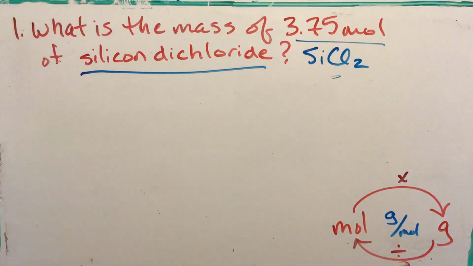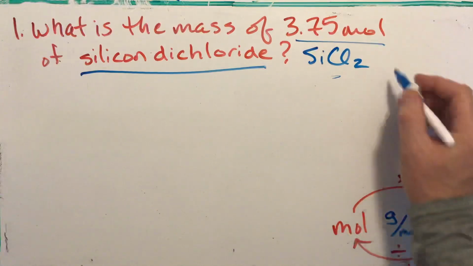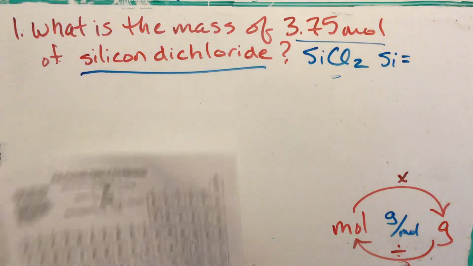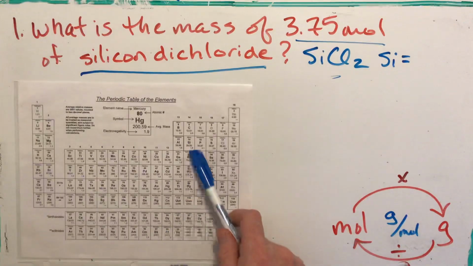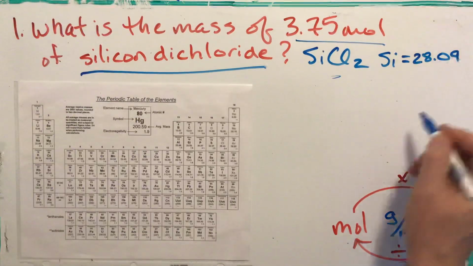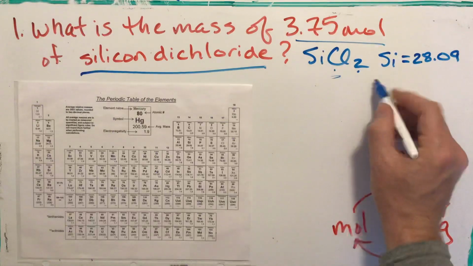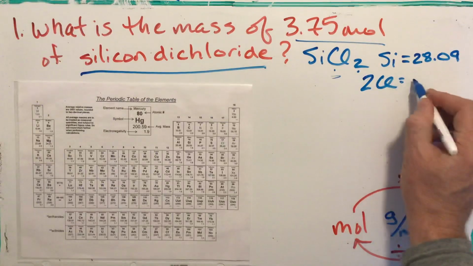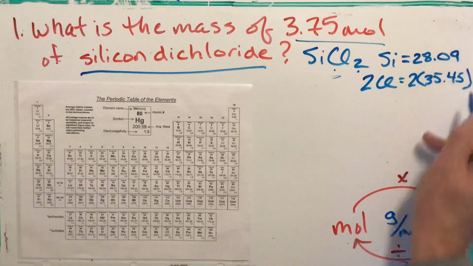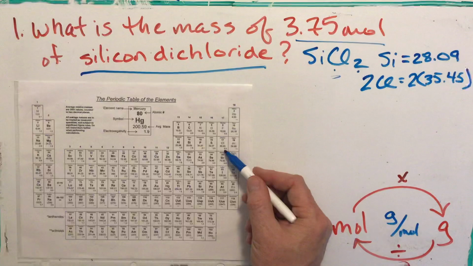All right? So off to the side somewhere, I'm going to add this up. I'm going to figure out that molar mass. So silicon, I have 1 of those. I grab my periodic table, and silicon is right here. It's 28.09. Then I have 2 chlorines, so 2 Cls. That means 2 times 35.45. Chlorine is right here, 35.45.